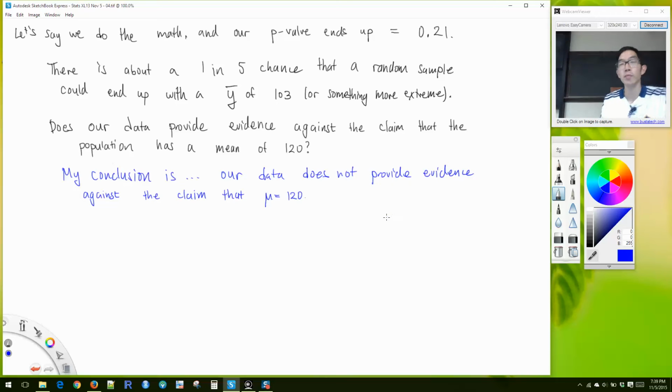Why? Because my probability being 0.21 is too big for me to just dismiss, okay? My p-value of 0.21 is too large for me to dismiss.